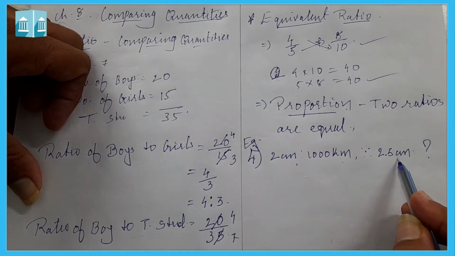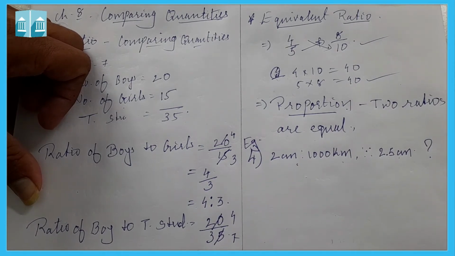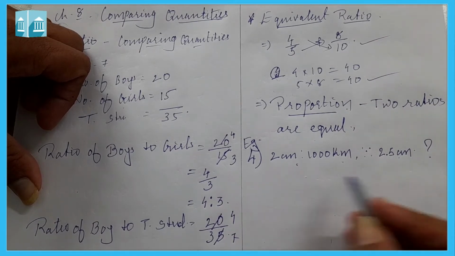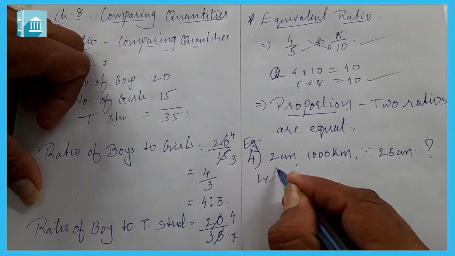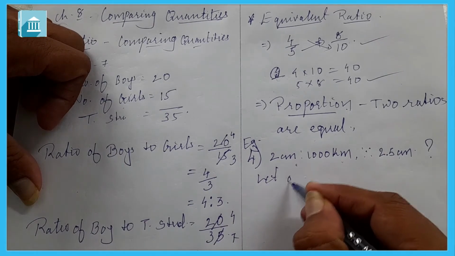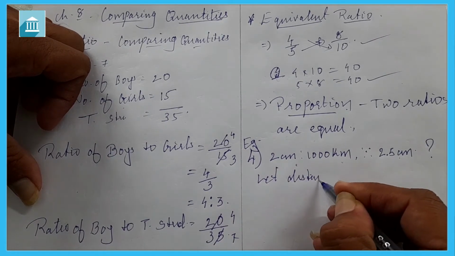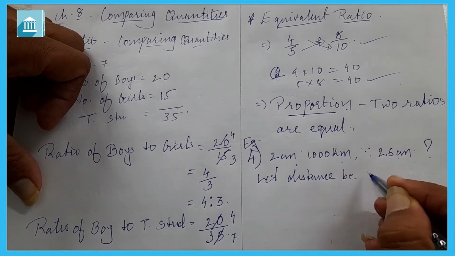So now what we have to do is, see, two methods are there. Either we can use this directly. Let the distance be x.